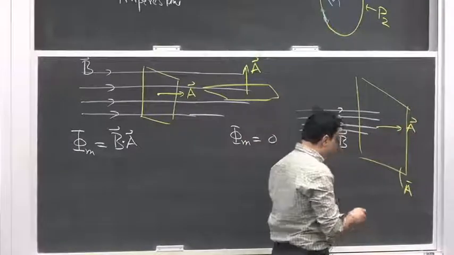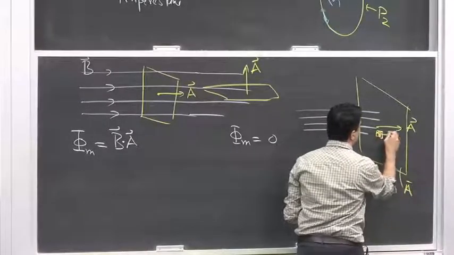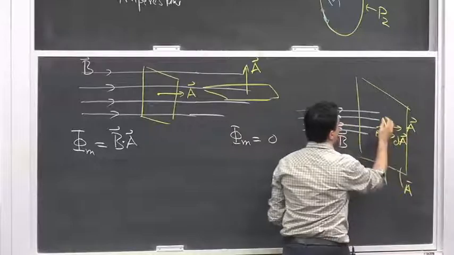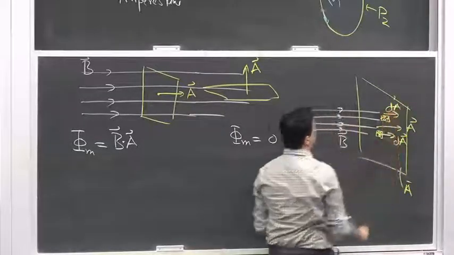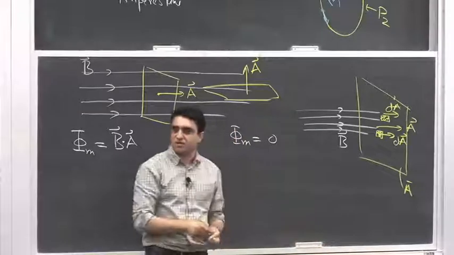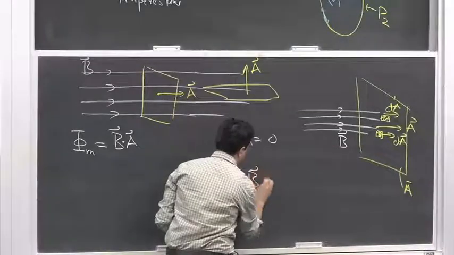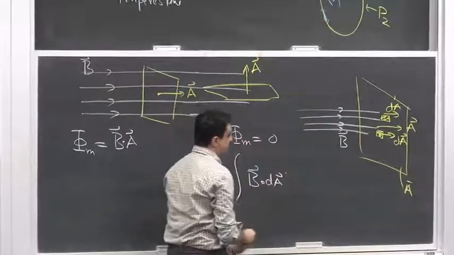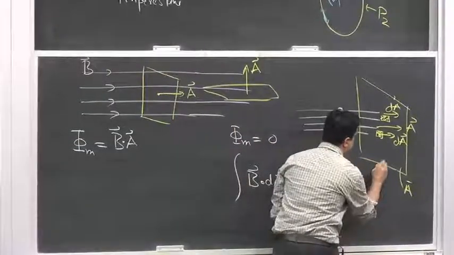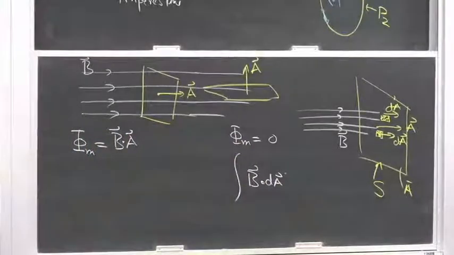I can divide this total area into small unit areas, so that I have area elements, and take a dot product of the magnetic field with each area element. Then I integrate it over this whole surface S. It's not a closed surface, rather it's an open surface, not closing into a closed volume.